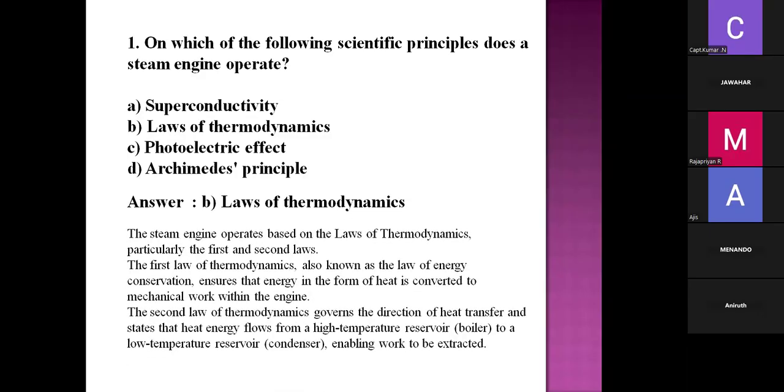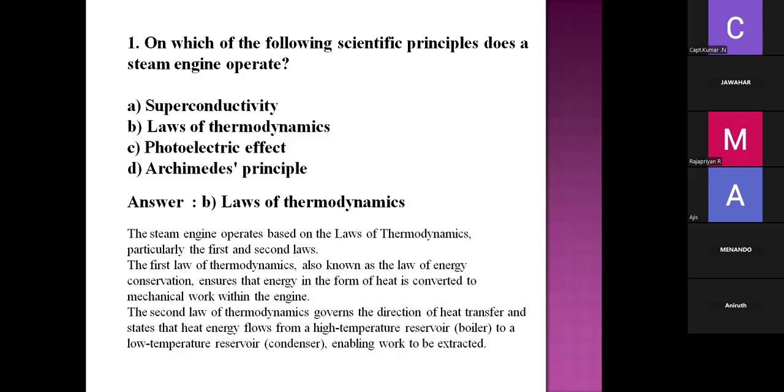The answer is laws of thermodynamics. Option B is the correct answer. The steam engine operates based on the laws of thermodynamics, particularly the first and second law. The first law of thermodynamics, also known as the law of energy conservation, ensures that energy in the form of heat is converted to mechanical work within the engine.